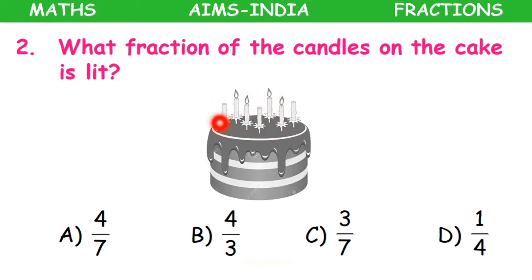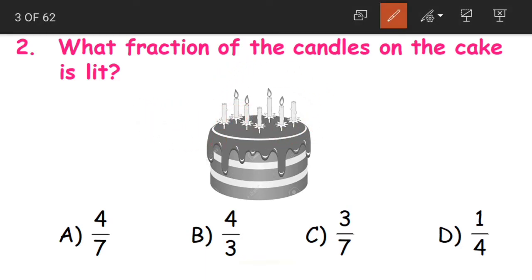So we have to find out the fraction of these 4 lighted candles out of all the candles. Now what will it be? The number of candles that are lit, that are burning, are 4, divided by the total number of candles.